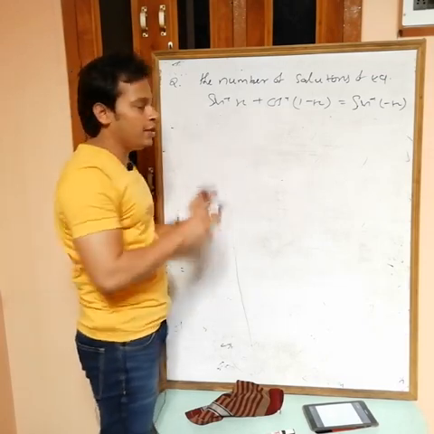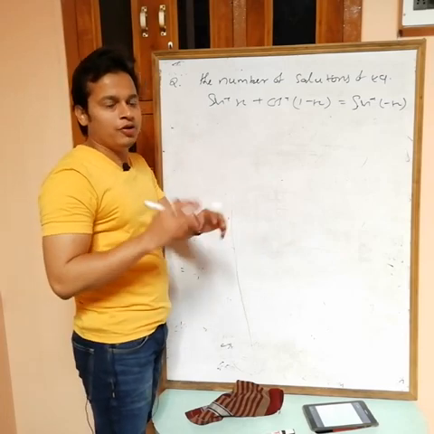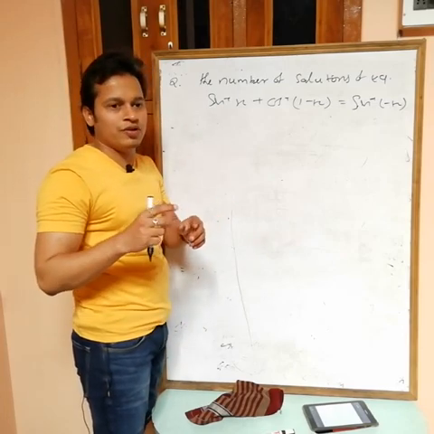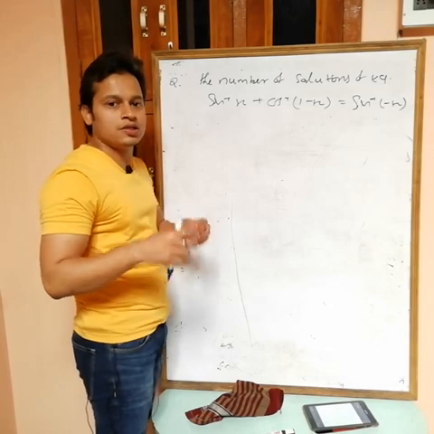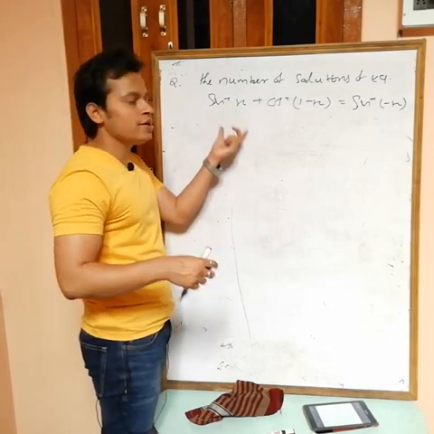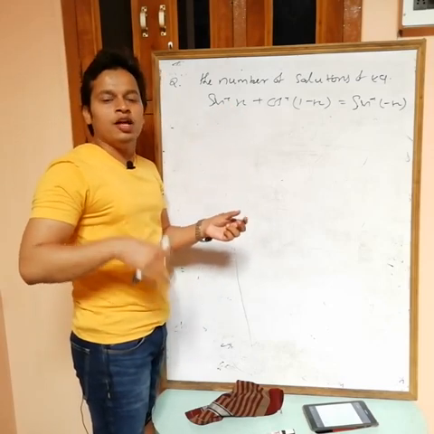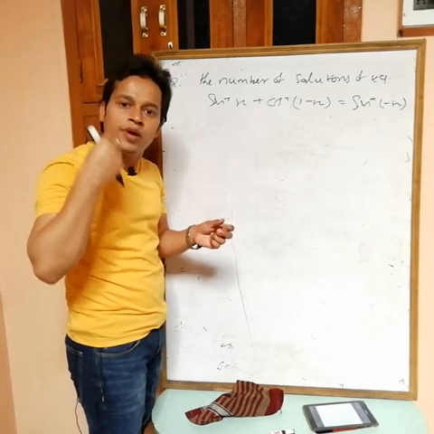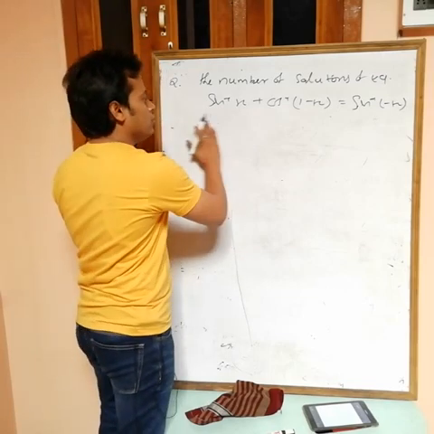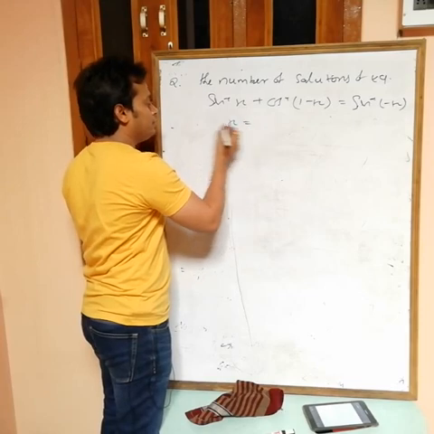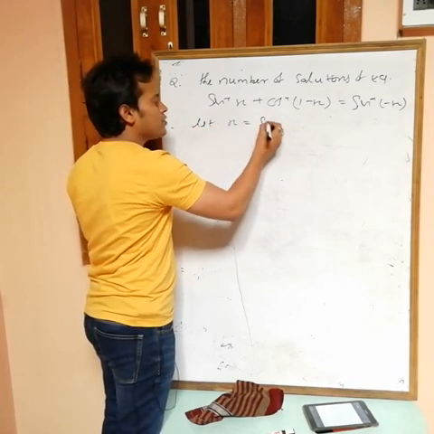So if you know sin inverse and cos inverse both, and you have terms like 1 minus 2x or 1 minus x or 3 into sin inverse x, then if there is sin inverse x, assume x equals sin theta. If there is cos inverse x, then assume x equals cos theta. So for simplification I am assuming x equals sin theta.